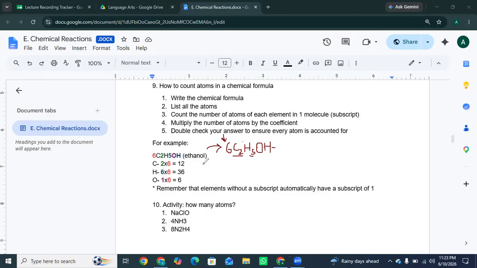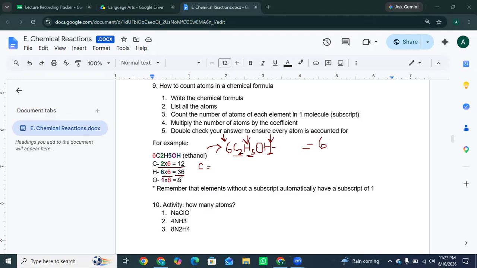So you have to multiply 2 into 6, which is 12. And see this hydrogen and this hydrogen: we have 5 hydrogen atoms in this and also this one, which means total hydrogen atoms are 6. Then you have to multiply this with 6, which equals 36.